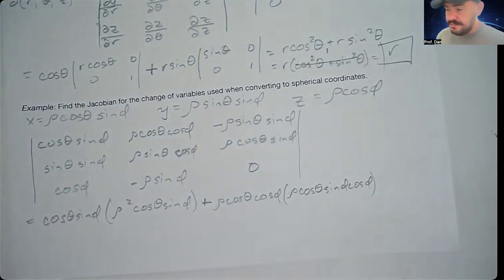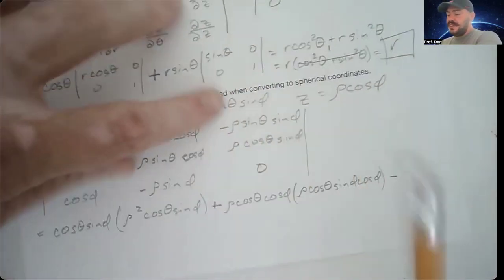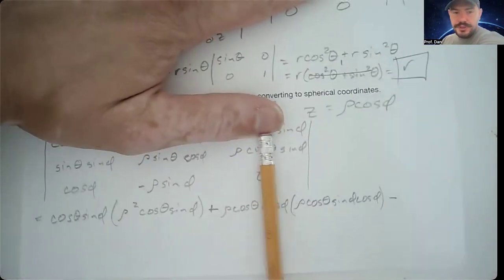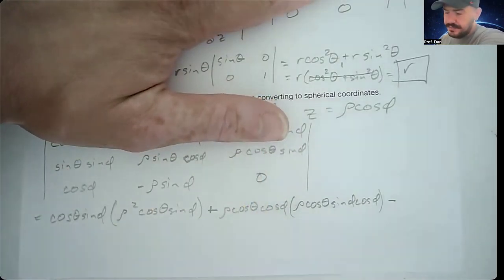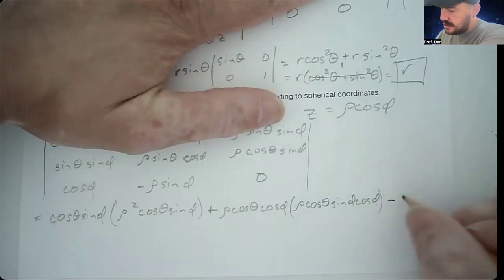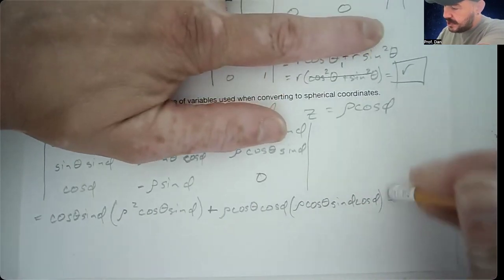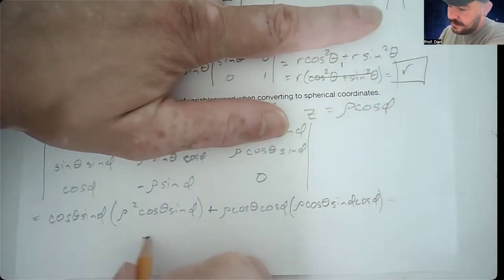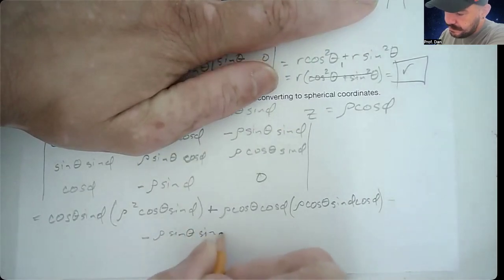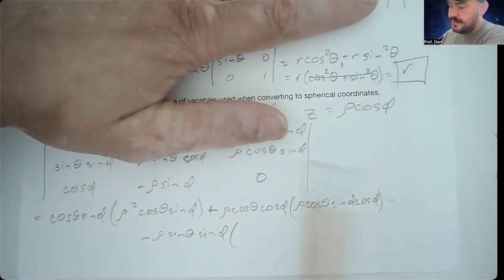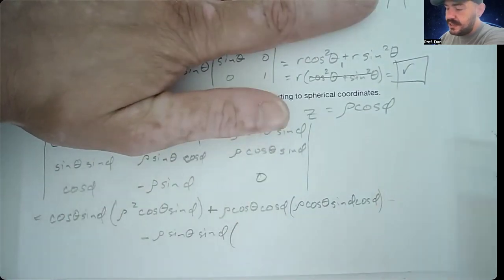And then for our last term, minus, and then if I cover up first row, third column, multiply these together, you get negative, oh, whoops, forgot to write. Put that on another line. Okay, so now if I cover up, I can multiply these together.